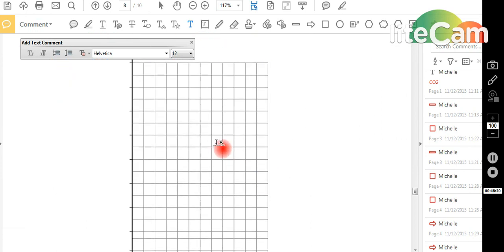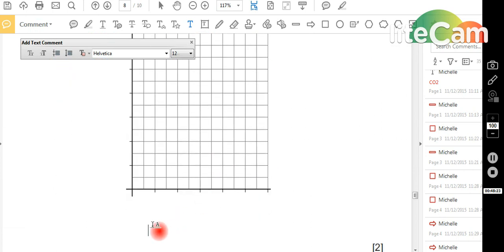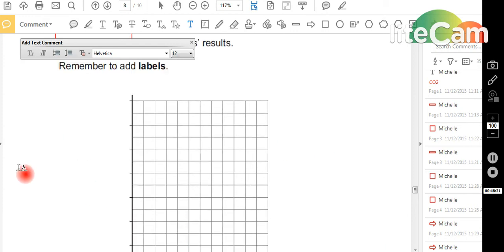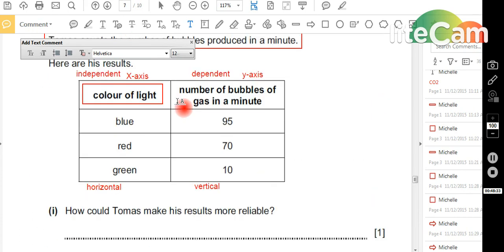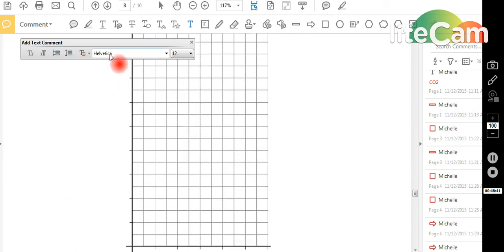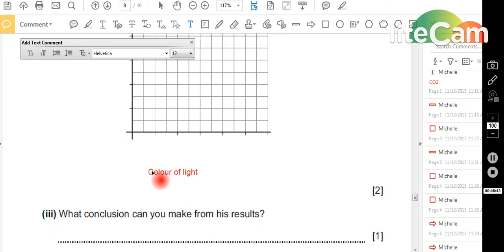Okay, so in here, the color of light would be here on your x-axis, and you will also see that you can take this exact table heading and use that as a label for your axis.